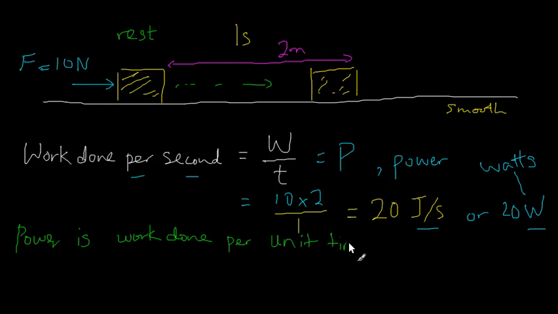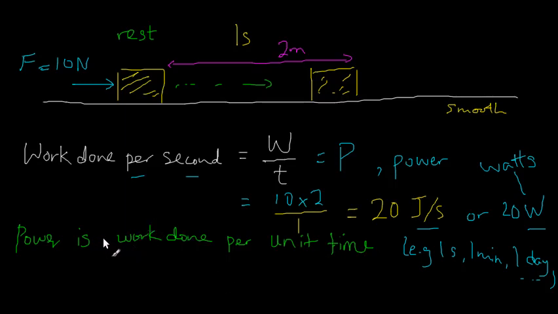Unit time is just an abstract way of saying that it can be 1 unit of any unit of time. So for example, it could be 1 second, that's a unit of time, or 1 minute, that's a unit of time, or even 1 day. Just any unit of time is okay. So that's what we mean when we say work done per unit time.